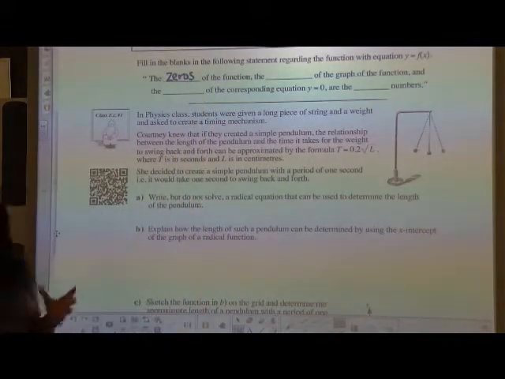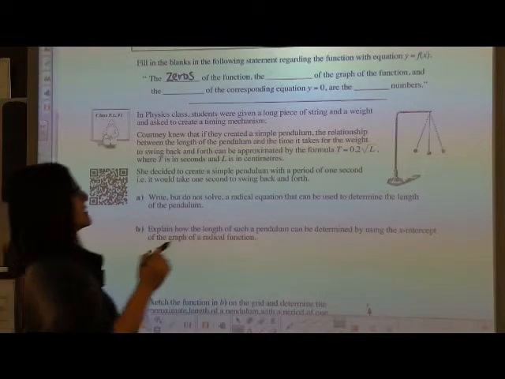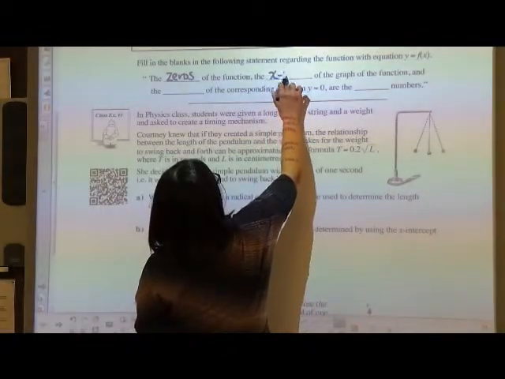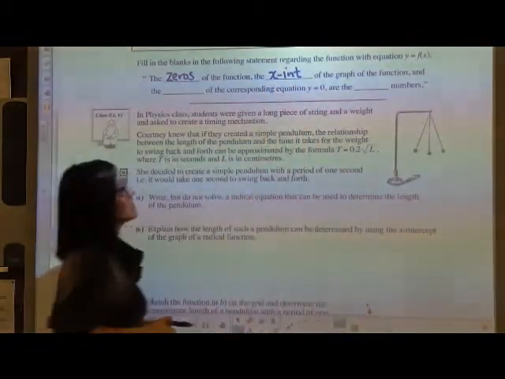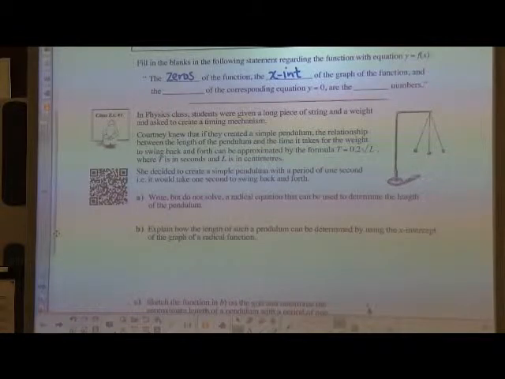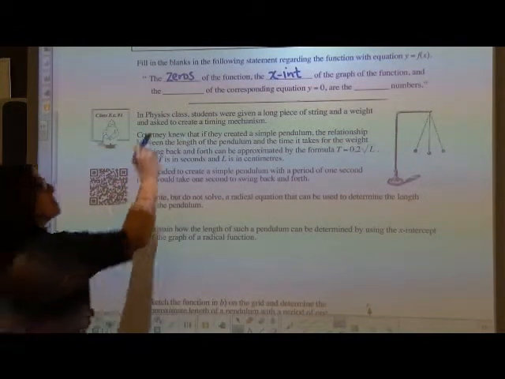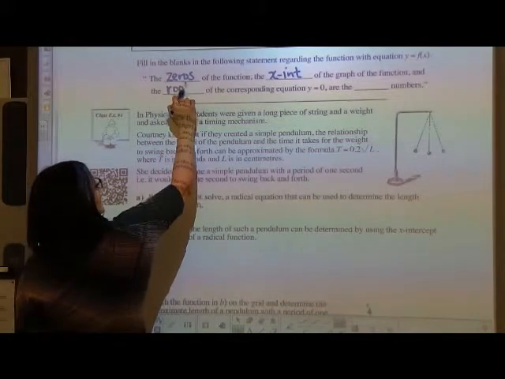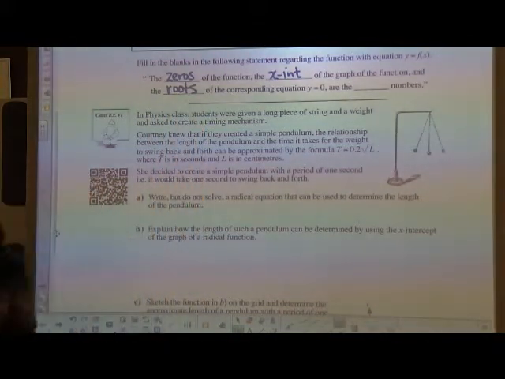What do we look at on the graph? The x-intercepts. And then the equation, we were looking at the roots. And what do all of these numbers have in common? They're all the same.